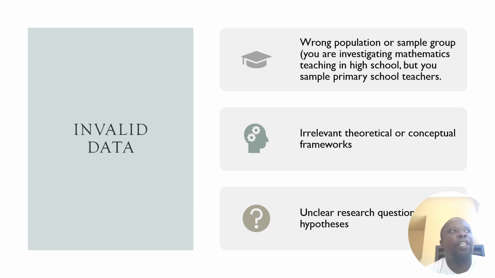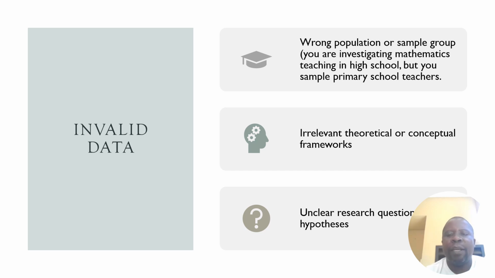Then you also need to ensure that your theoretical framework is actually in line with your instrument. If the theoretical or conceptual framework is not in line with your questions, with your theories, with your study, then the data that you collect might be invalid, or we might have some inconsistency in data collection.